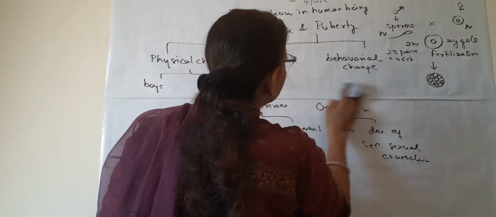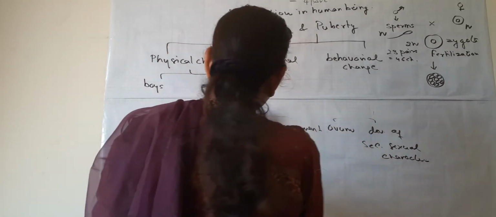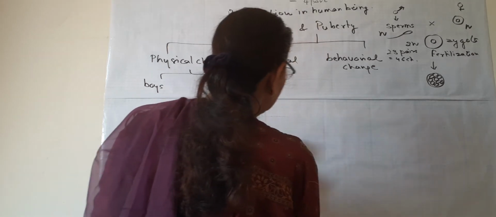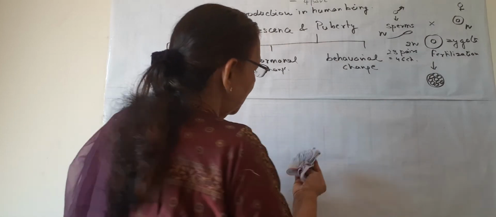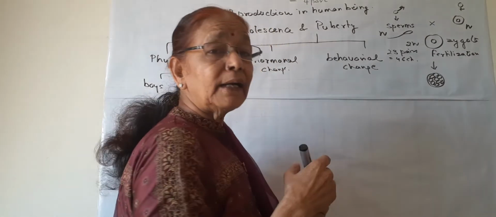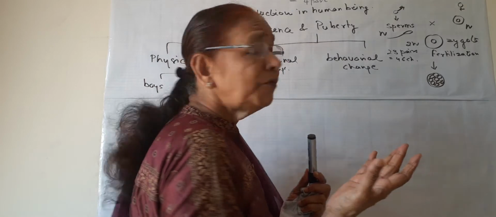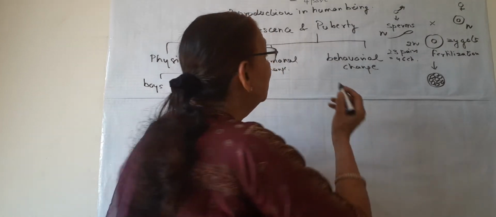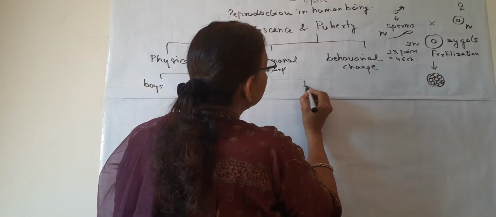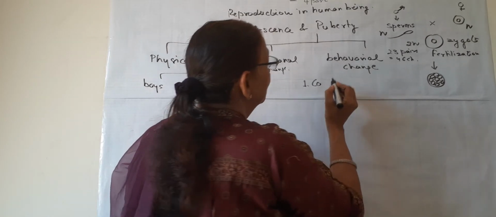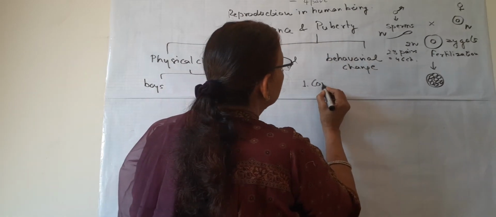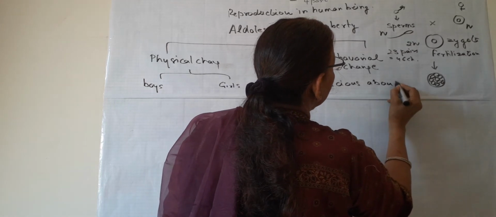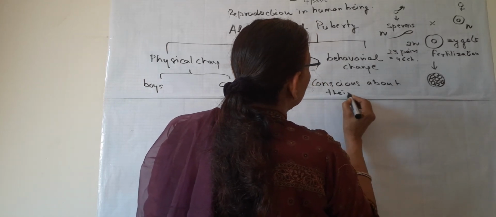Now some behavioral changes we will discuss. All the students in the 10th class are now adolescents. They are in this age group, and all of you must have noticed many behavioral changes in yourselves. The first is that all persons of this age are conscious about their looks.